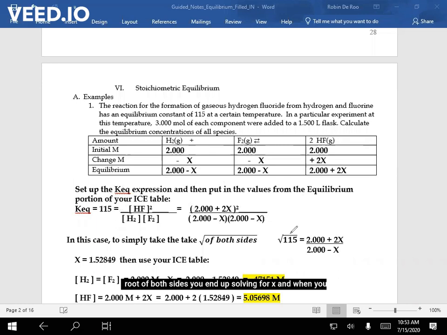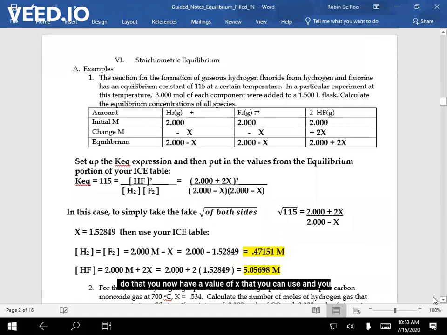You end up solving for x, and when you do that, you now have a value of x that you can use, and you have directions in your ICE table. Your ICE table told you that once you get x, you subtract it from 2, and you get the hydrogen gas concentration.